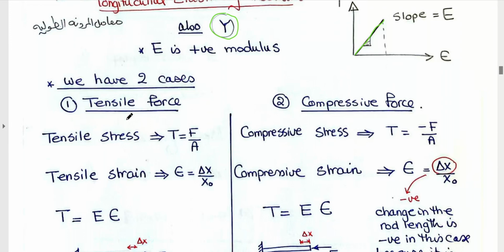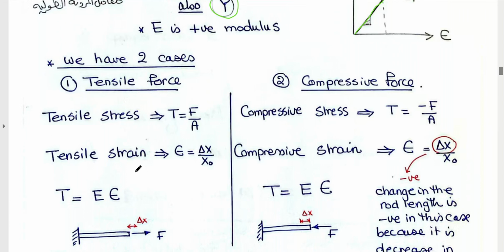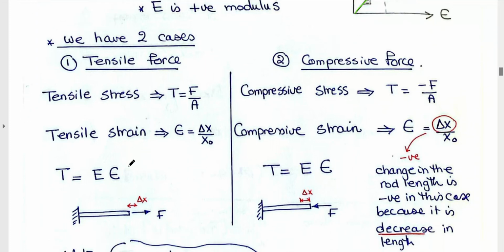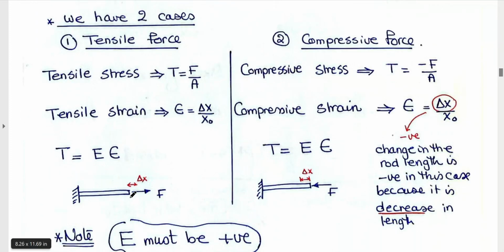When we apply tensile force, the stress is tensile stress and the strain is called tensile strain. When you apply this tensile force, you are trying to increase the length, so delta x will be a positive value. Delta x means the change in the length of the rod.